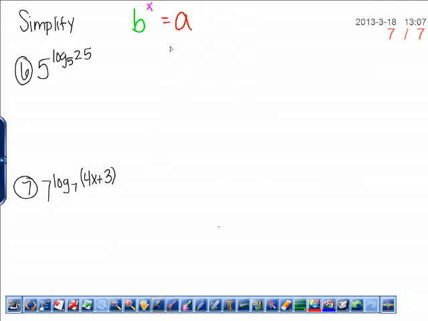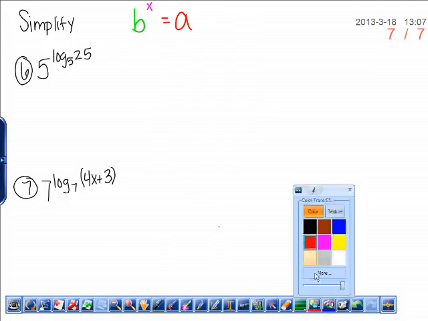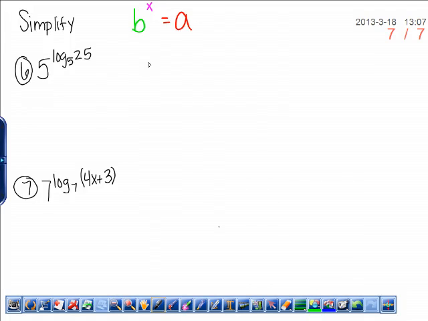Okay. I'm going to rewrite this using my colors. So this is 5 to the log base 5 of 25. That whole thing is my exponent. And then I'm just going to go ahead and add in my equals a to help me solve this.